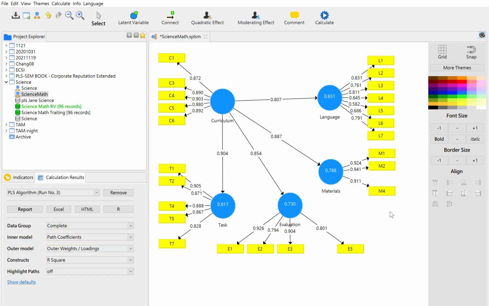Okay, stop. Okay, and bootstrapping. Okay, so let's take a look at the PLS algorithm.